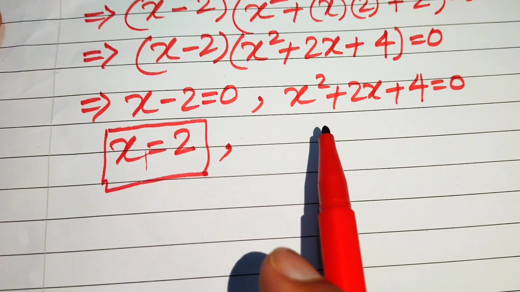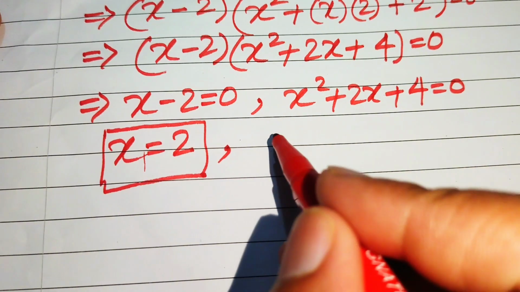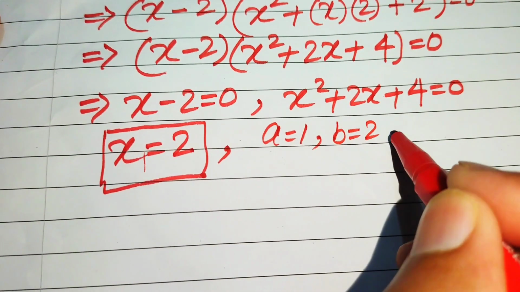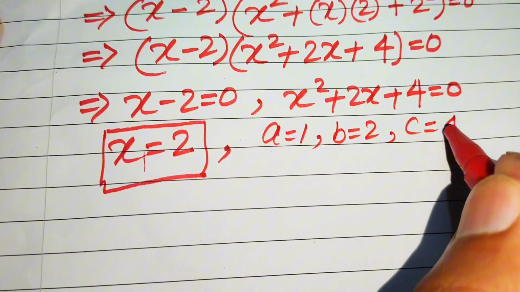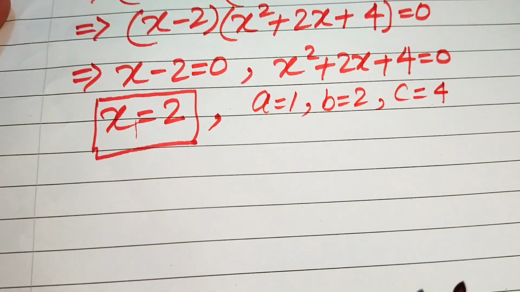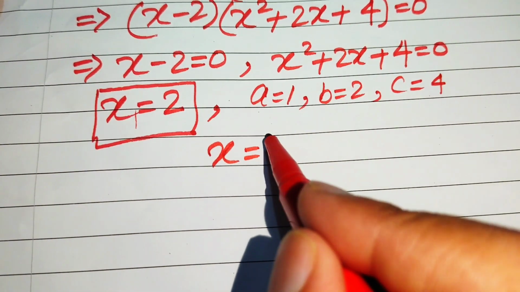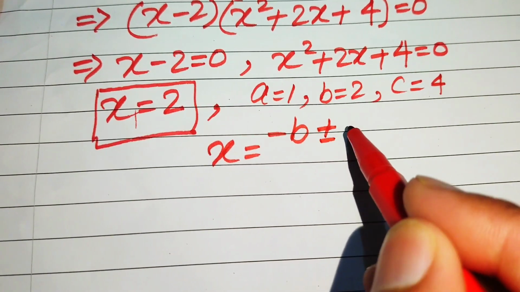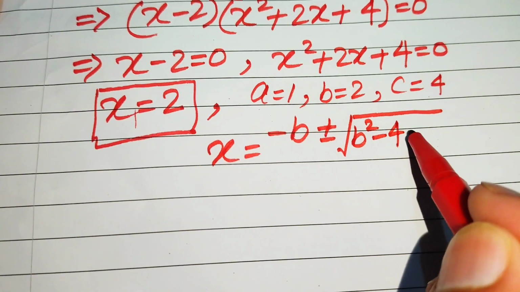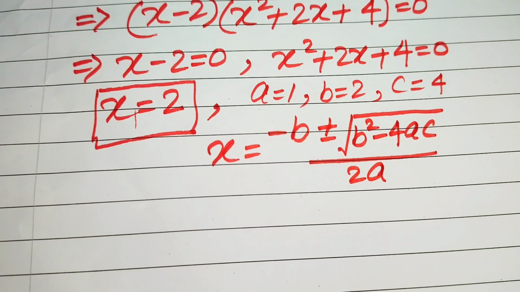So we solve this quadratic equation. First we write the coefficients of this equation: a = 1, b = 2 and c = 4. These are the coefficients, and we know the quadratic formula: x = (−b ± √(b² − 4ac)) / 2a.